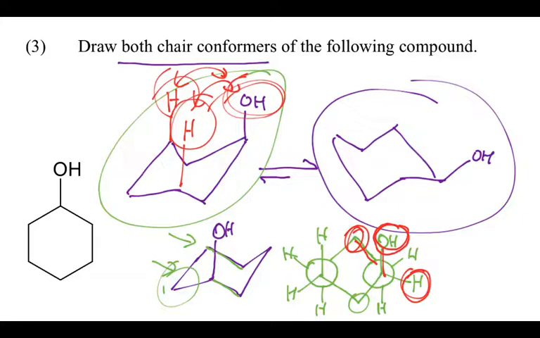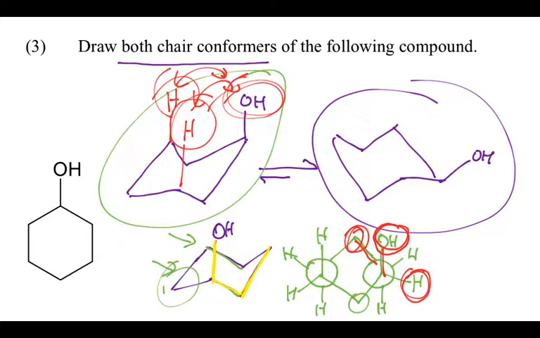Sorry if this is irrelevant, but is that other gauche interaction between the CH2 that's, I guess, completely opposite from the OH? Yes. So I'll show you the two gauche interactions. They're here. One of them, right? The one we already drew is this one. The OH, like this, like this.